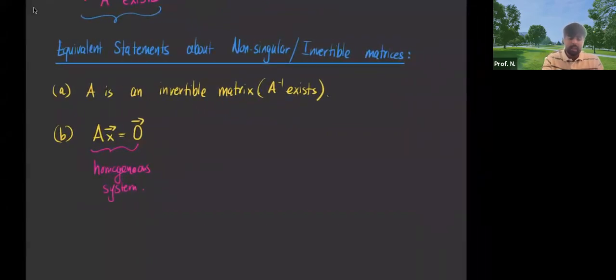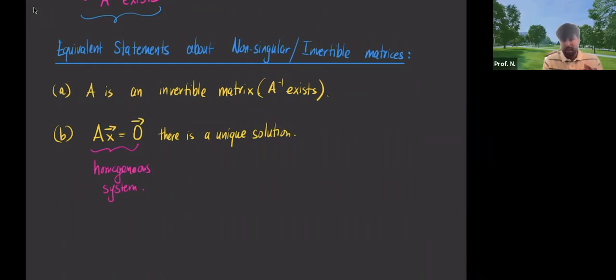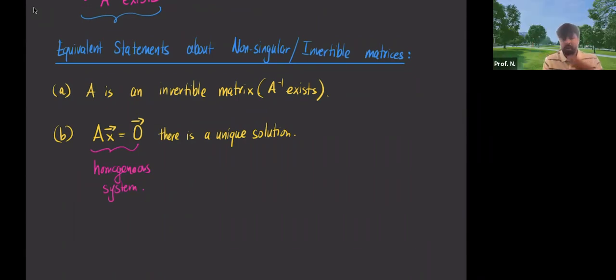So in a homogeneous system, what happens? There is only one solution, a unique solution, but what else is it? It's also a consistent system. When we talk about invertible matrices, we're dealing with consistent systems only. The solution will always exist because the inverse exists.